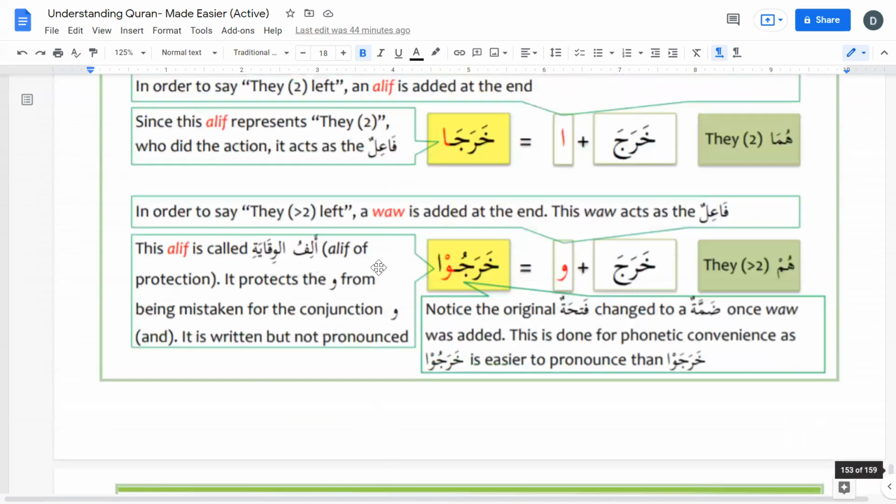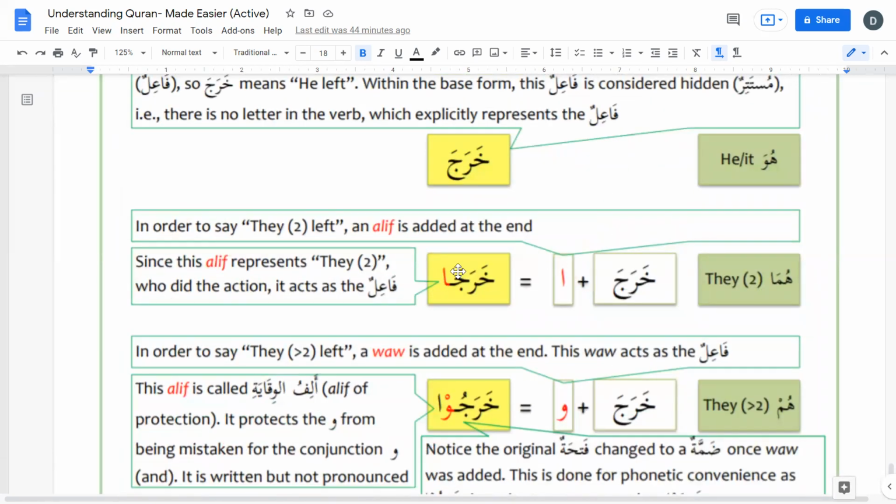Let me tell you. This alif that is added over here for two is called alif musanna, because it is the alif of dual. It is added to kharaja, and it makes it dual for two people. This alif musanna is actually the fa'il inside the fi'l madi.